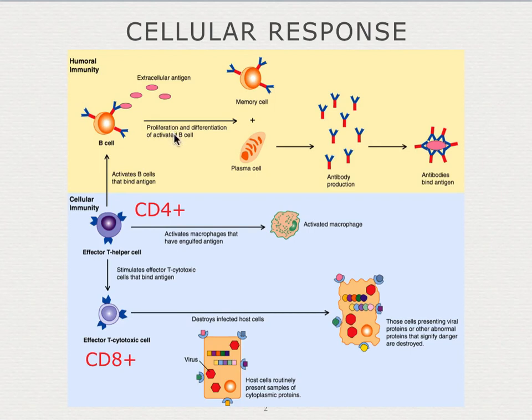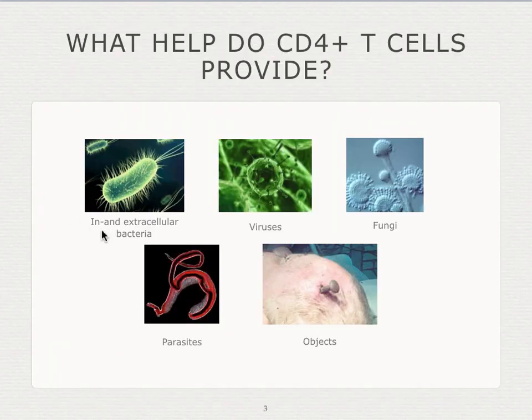In other videos I've talked about the cellular response, so the response of lymphocytes with B lymphocytes, CD4 positive and CD8 positive T lymphocytes. And I've explained that these CD4 positive T helper cells can help other cells with effective immune responses, and we've talked about Th1 responses that can help with intracellular bacteria.